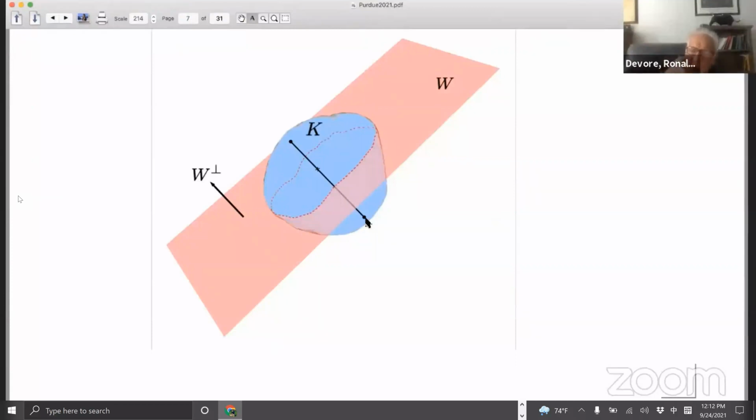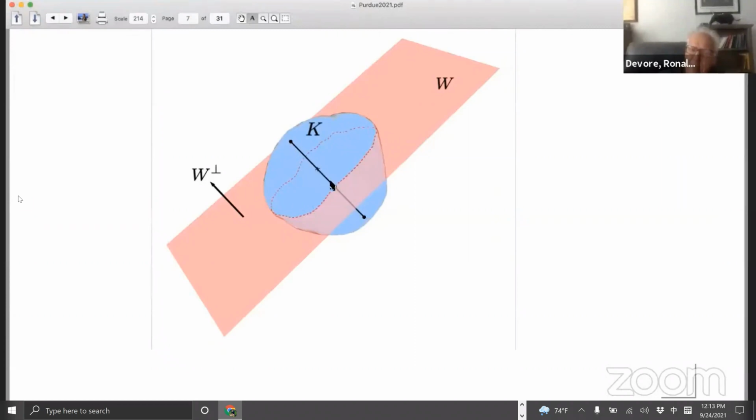And what I know is that F is on this line, but I also know it's in the model class K, so I actually know it's on the line segment that enters K and then exits K. And so F is any point on this line segment.